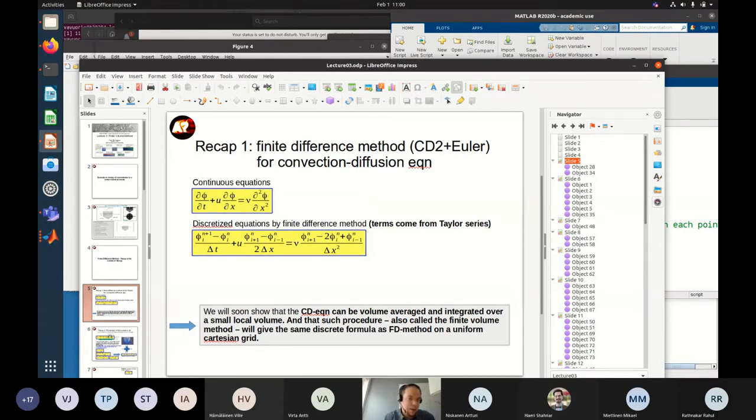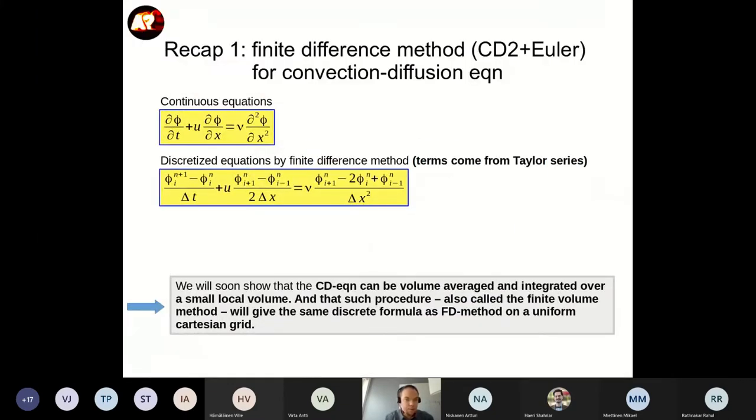And then I want to write this so that the time derivative is on the left side. And then I multiply with the time step. So basically the time derivative is d phi over delta t. And now this delta phi in the numerator is the change in time in a given point, at a given index point i.